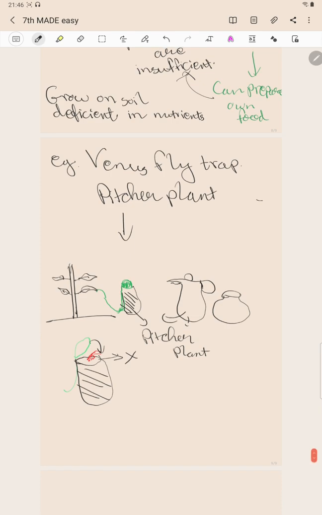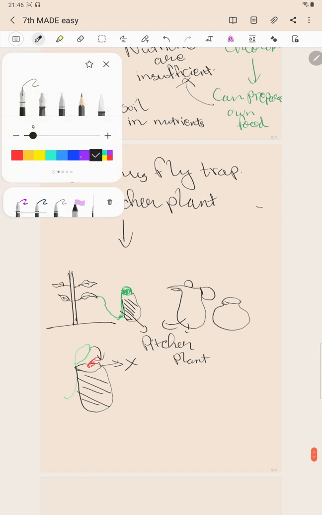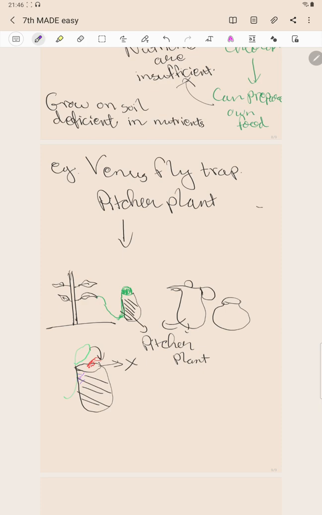There are also many hair-like structures inside this pitcher, directed downwards. Once the insect sits on the pitcher, it's forced to move downwards because of the direction of the hair, till it reaches the bottom.